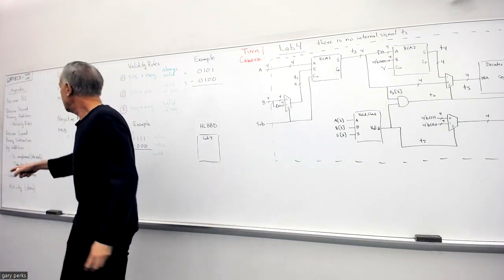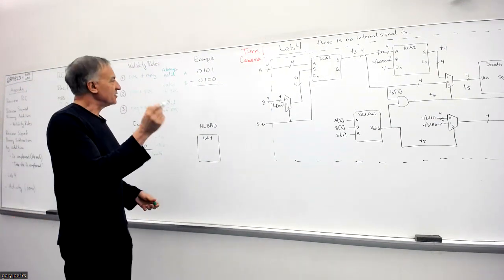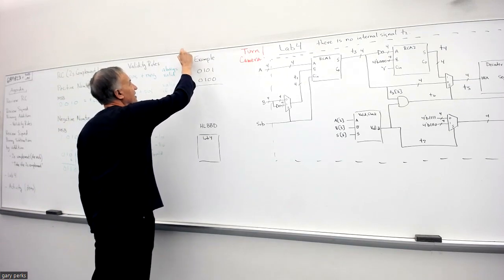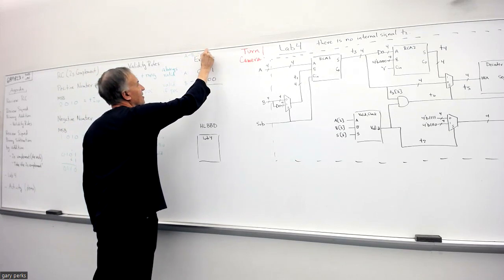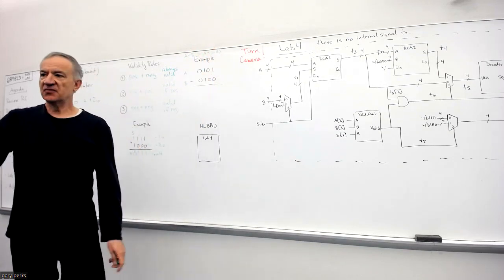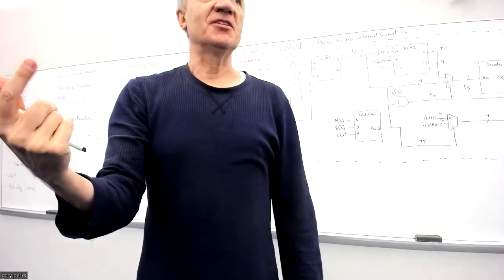In other words, I'm gonna take the 2's complement. Because like we talked about last class, A minus B is the same thing as A plus the negation of B. And the way that you negate B in 2's complement is you take the 2's complement.